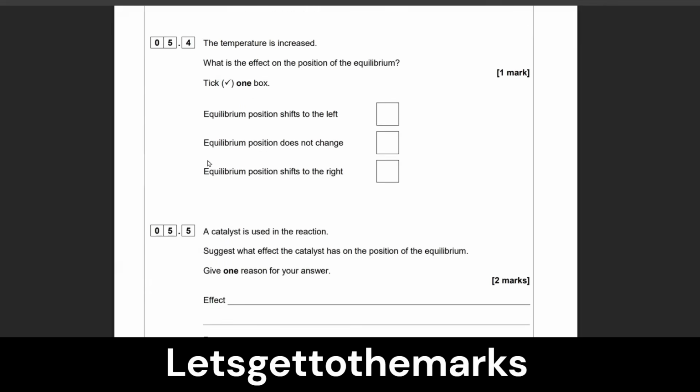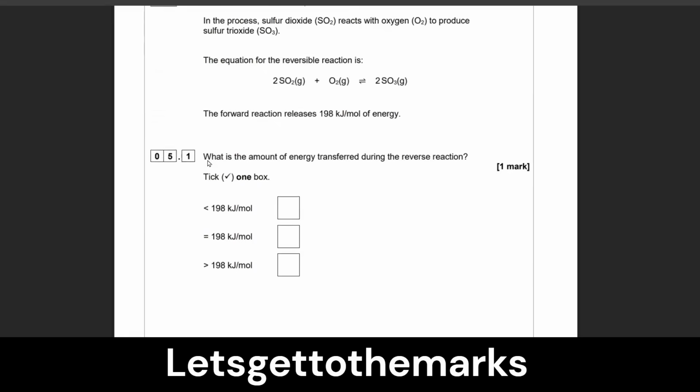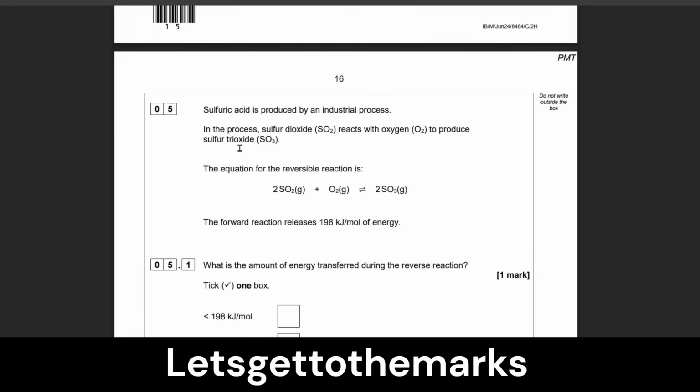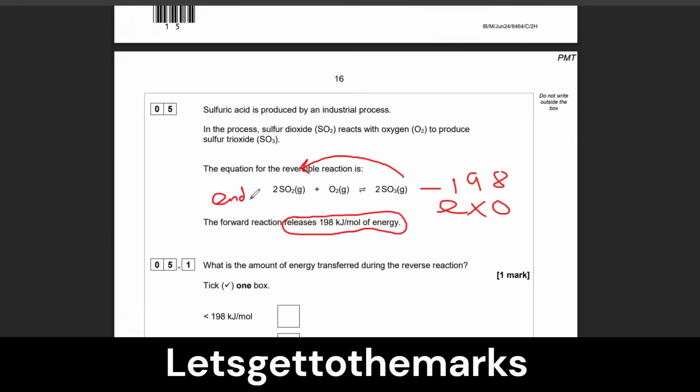The temperature is increased. What is the effect on the position of equilibrium? So we're going to go up now. They're really getting equilibrium-esque. It tells us that this reaction releases 198 of energy. So this is exothermic. Exo means energy out. If I increase the temperature, it's going to go away from the side that releases energy, and try to bring the temperature down by absorbing the energy.